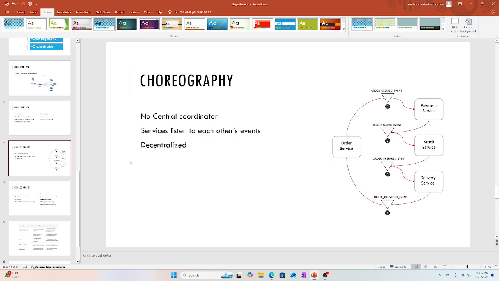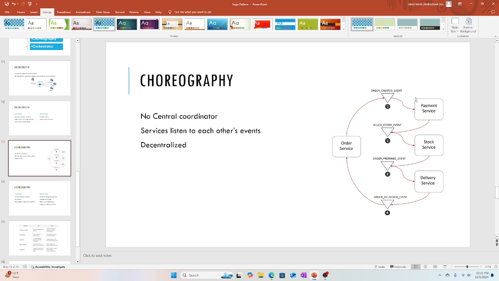There is one more type of Saga pattern, which is choreography. In choreography, there is an order service. The consumer places the order, and the order service receives the order created event. Once it receives the event, it proceeds with the payment service.